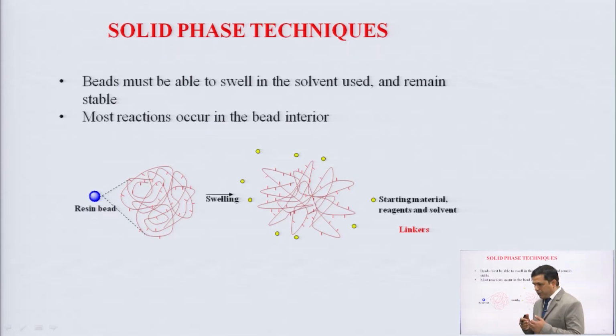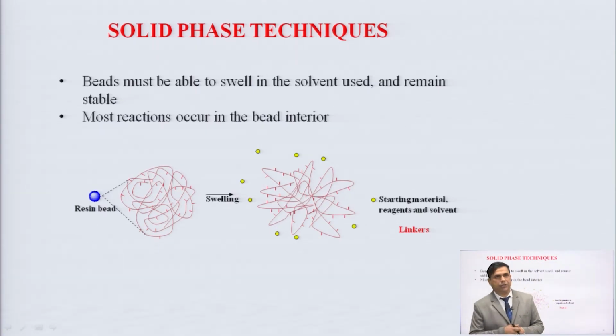Whatever we are using as a polymeric support for the completion of the reaction must be able to swell in the solvent and remain stable, not degrade into some other product. Most reactions occur in the bead interior.